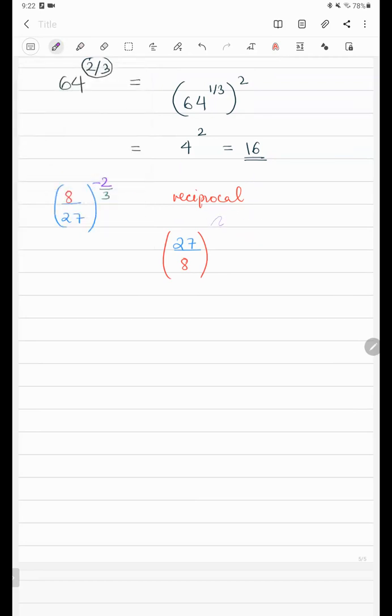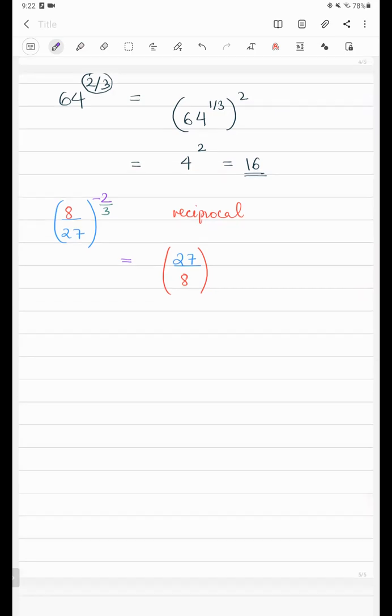Okay, Veer, do you know what is going to be in the exponent? Ma'am, I'm thinking. Ma'am, will it be 3 by 2?